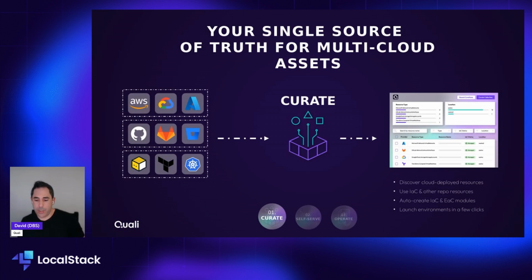From Terraform to CloudFormation to Helm. Those need to be consumed by end users. So the first step is to curate them into an inventory of all the automation available in your organization, regardless of where they are right now. They can be across repositories or in a single one.